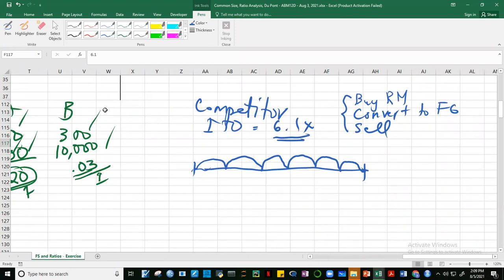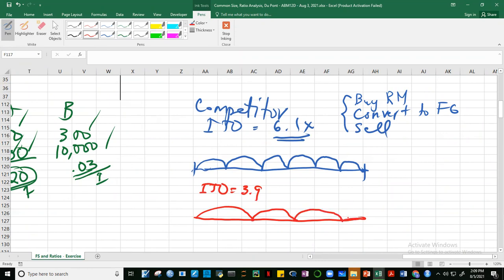Okay, so let me just draw that. So yung company natin si XYZ, how is it performing? ITO niya, ITO is equal to 3.9. So, 1, 2, 3, at saka may 0.9 dito. So, 3.9 times. Okay, ibig sabihin, 3.9 times per year lang nag-turnover ng inventory.